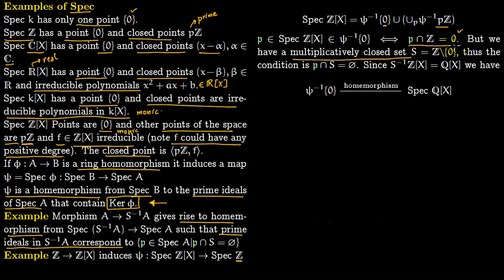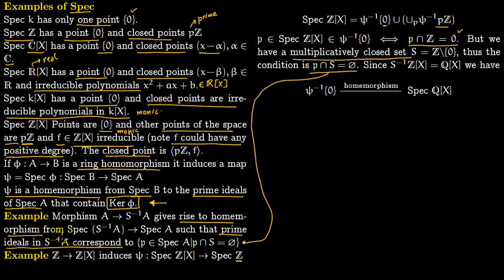So we can rewrite this statement by dropping 0 to the following condition: P intersection S, where S is the multiplicatively closed set Z without 0, is the null set, because you have just taken 0 out. Now this looks exactly like the earlier condition, and this corresponds precisely to the prime ideals in S inverse A.